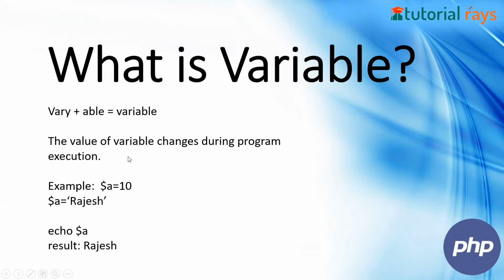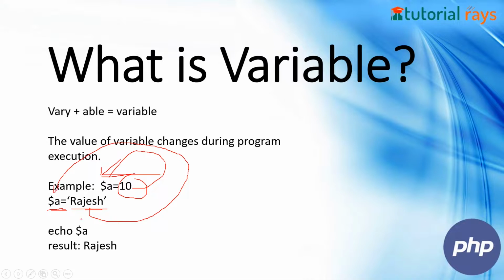Now this word variable consists of two parts. Vary means change, and able means changeable. So the value of a variable changes during program execution. For example, you see here $a, we have assigned the value 10, and now in the same $a we are assigning a string called Rajesh.